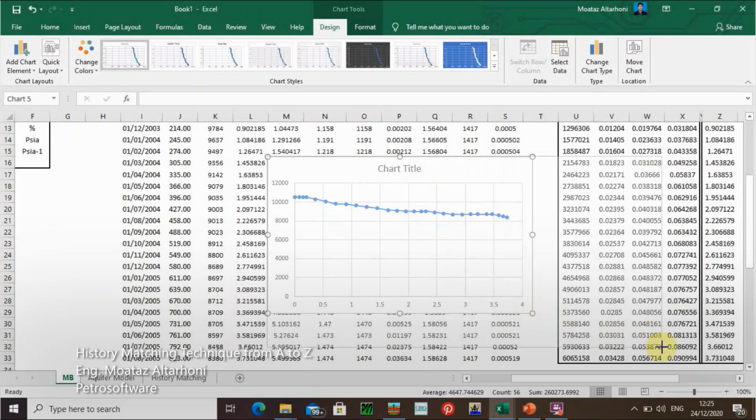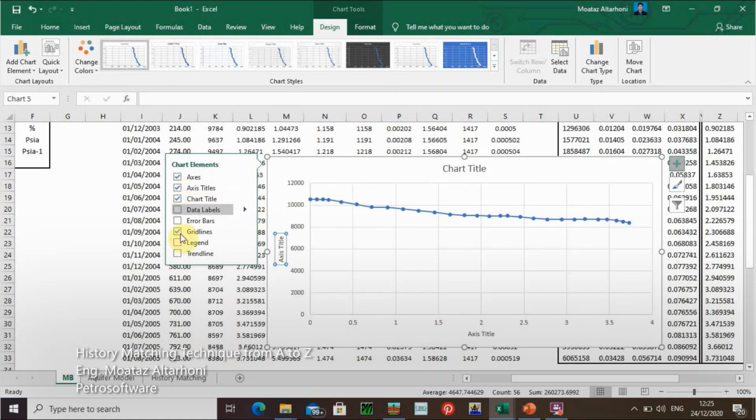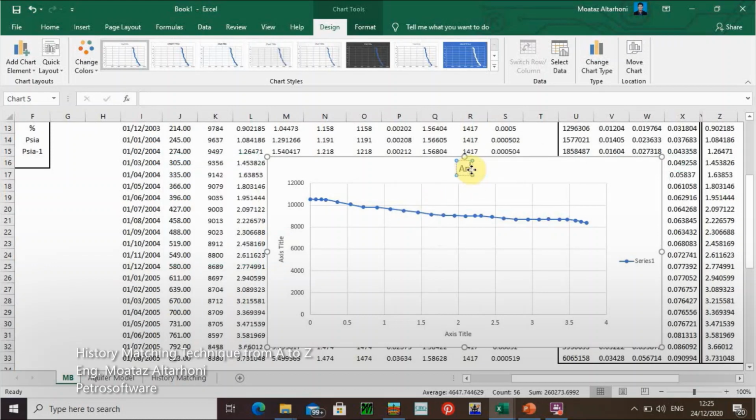I need this plot. It's very important to add some curves here to compare between actual pressure and cumulative oil with the calculating point. So I will name it as analytical method.